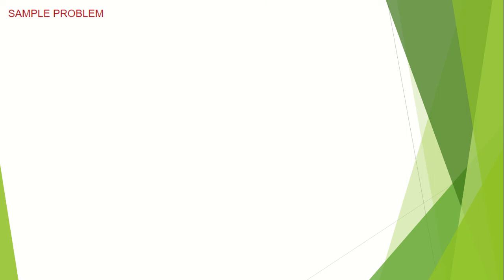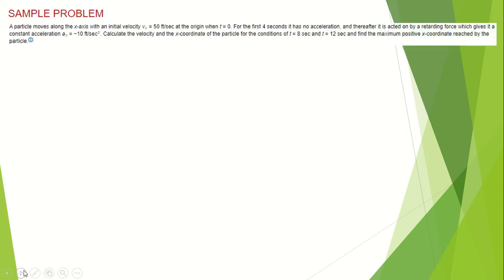Alright, so this is our second problem, sample problem number 2. So here's the problem. A particle moves along the x-axis with an initial velocity vx equal to 50 feet per second at the origin when t is equal to 0.